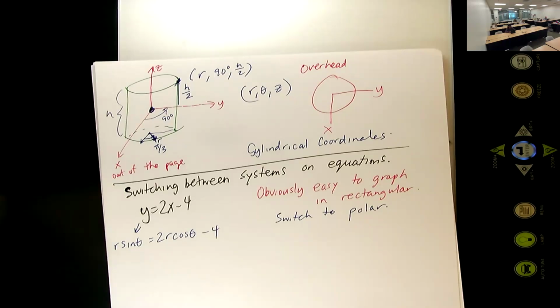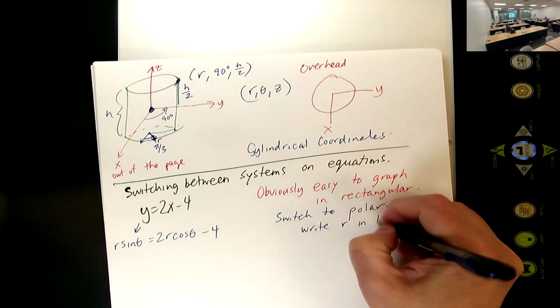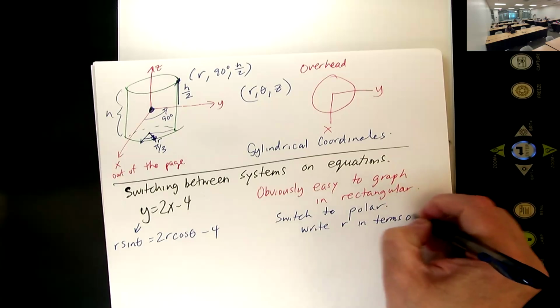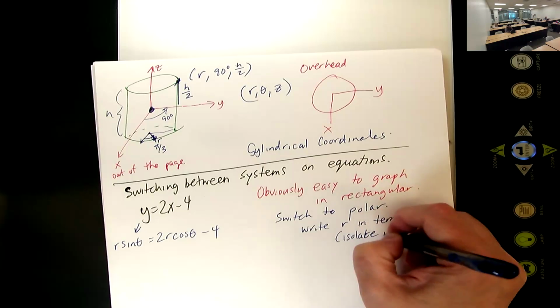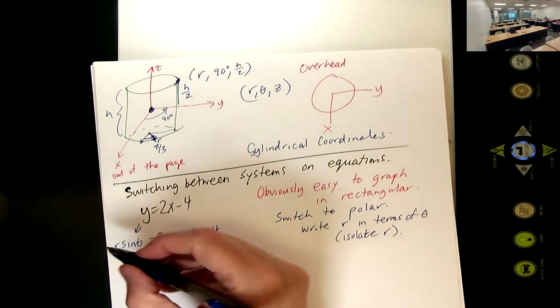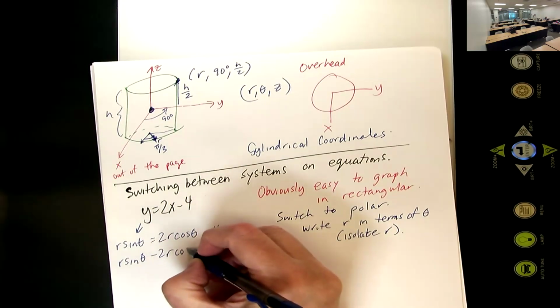Just like we tend to write equations where y is in terms of x, we usually write r in terms of theta. So isolate r. To do that, I can subtract 2r cosine theta from both sides.